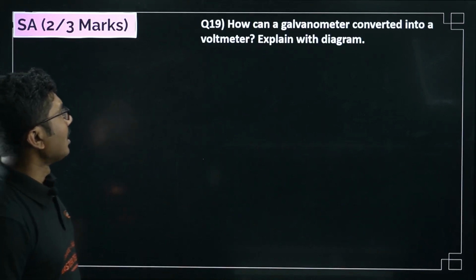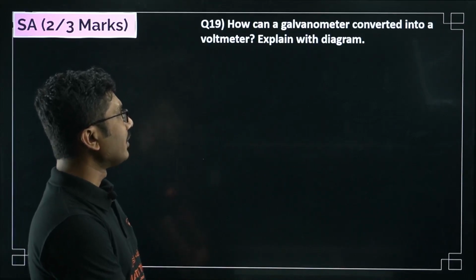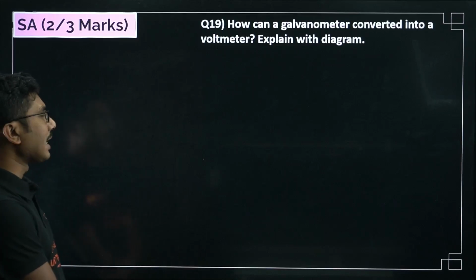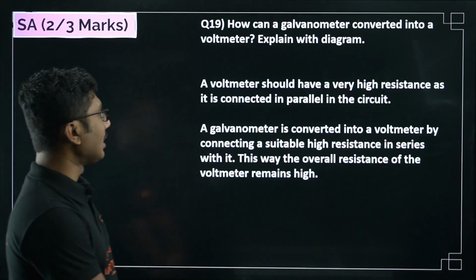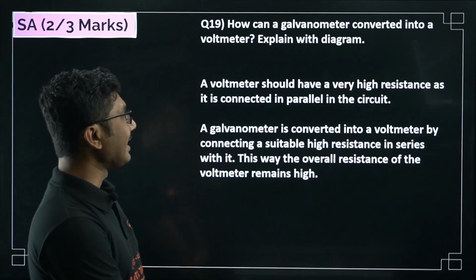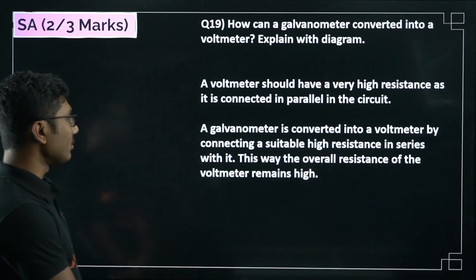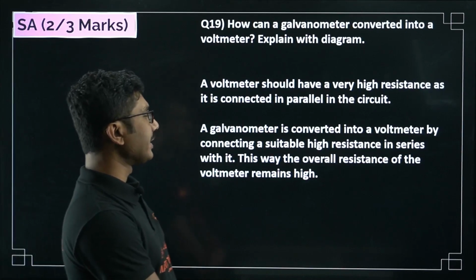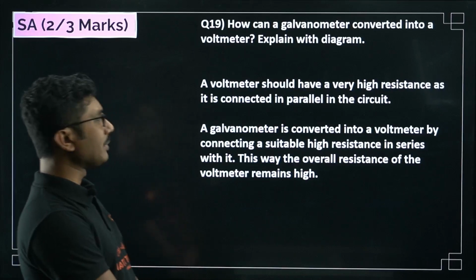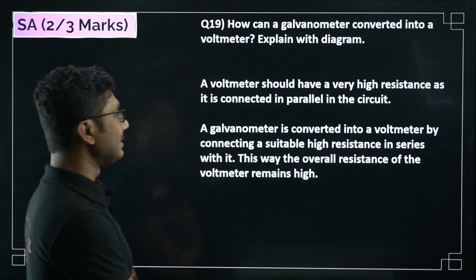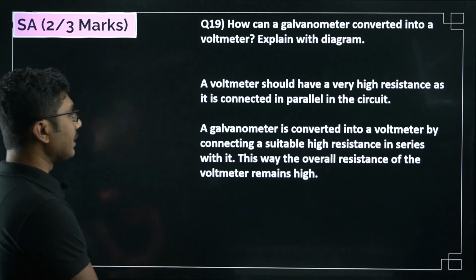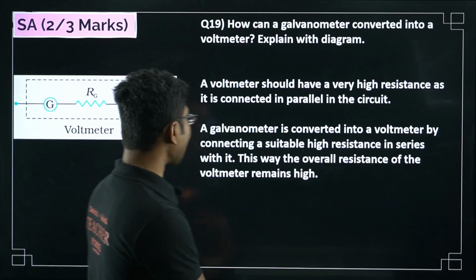Now, how can a galvanometer be converted into a voltmeter? Explain with the diagram. A voltmeter should have very high resistance as it is connected in parallel to the circuit. A galvanometer is converted into a voltmeter by connecting a suitable high resistance in series with it. This way the overall resistance of the voltmeter remains high. So the diagram is this.